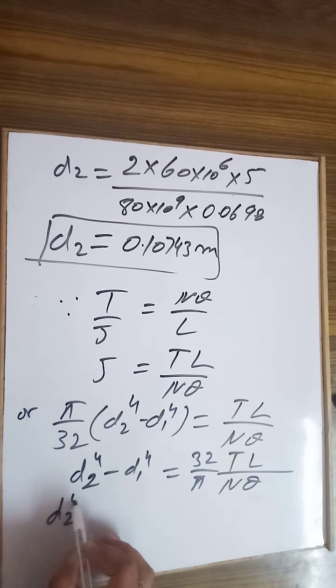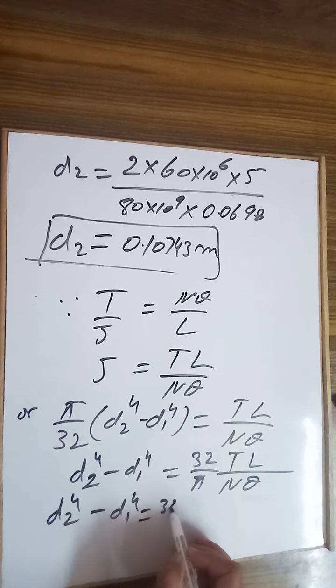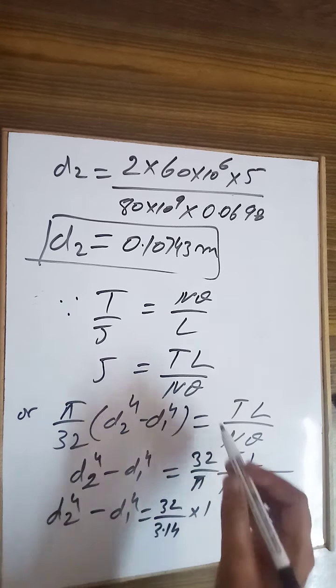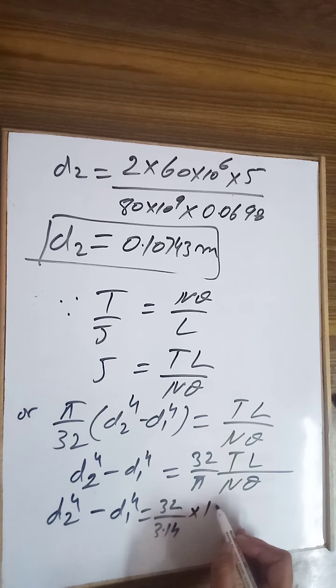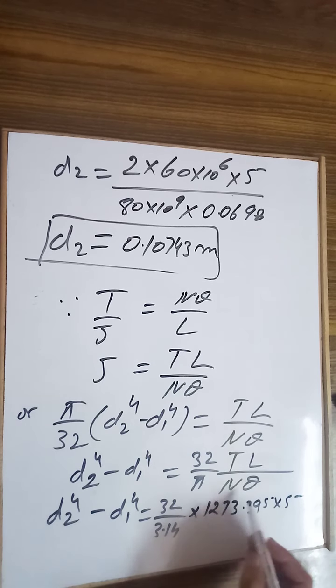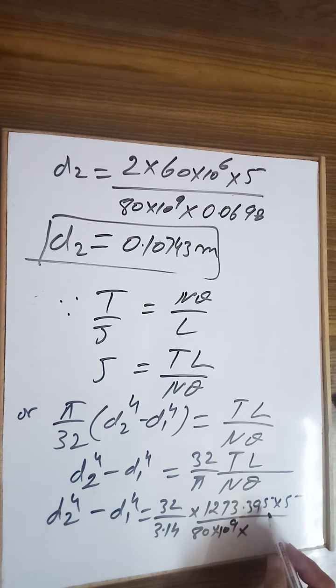So like this we can put all the values in this equation. D2^4 minus D1^4 is equal to 32 upon 3.14, into T, which we have calculated right now, 12732.39, into 5, the value of L, and then the value of N, that is 80 into 10 to the power 9, into the value of this angle theta, that is 0.069813.